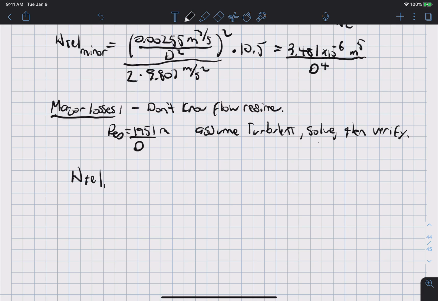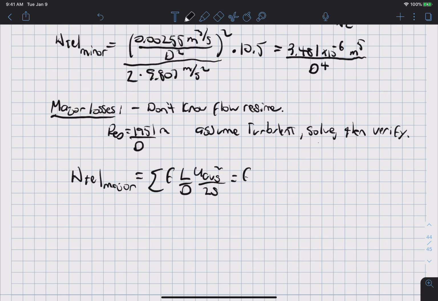So h_L major equals the sum of the Darcy friction factor times L over D for each pipe section times the average velocity squared over 2g. Here there's only one section of pipe, even though it's cut up by a bunch of elbows, but they all have the same diameter.